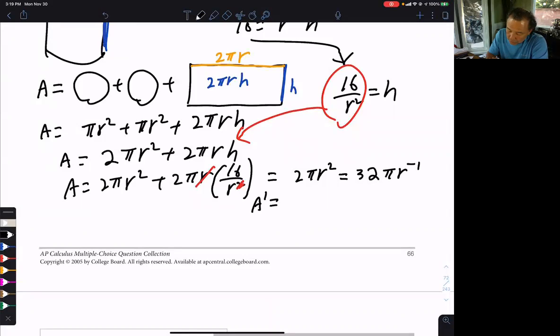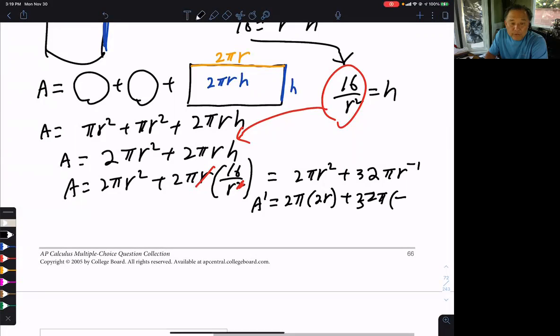So 2 pi is a constant, so I copy that down. And the derivative of r squared is 2r. That's a plus, not an equals. I don't know why I put equals there. And 32 pi is a constant, so I copy that down.